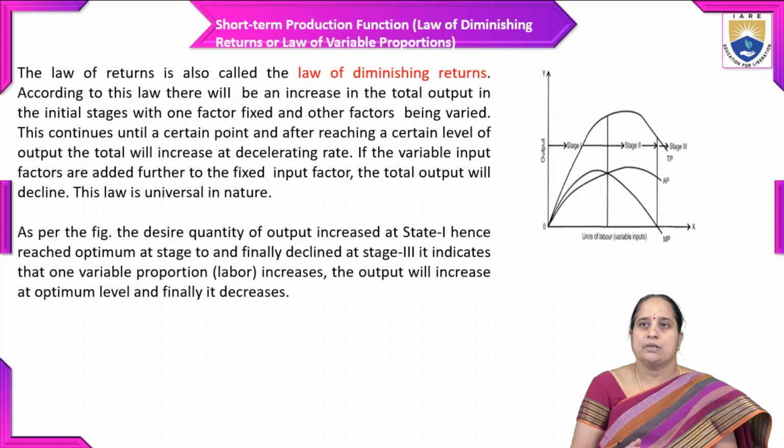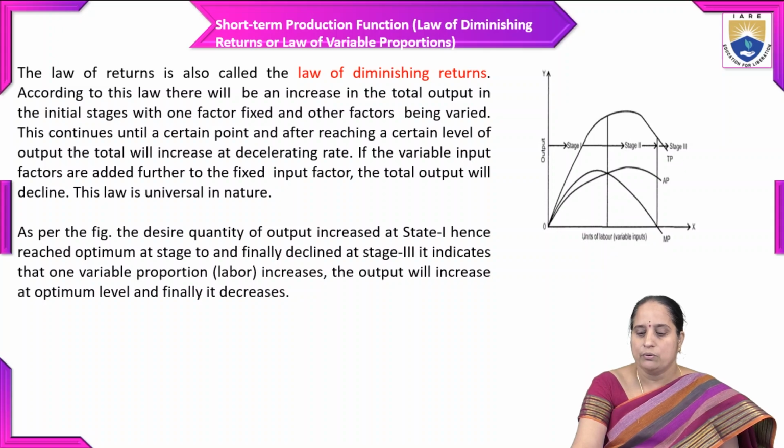Then coming to the short-term production function, where we discuss the law of diminishing returns or law of variable proportions. The law of returns is also called the law of diminishing returns. According to this law, there will be an increase in the total output in the initial stages with one factor fixed and other factors being varied, and this continues until a certain point.